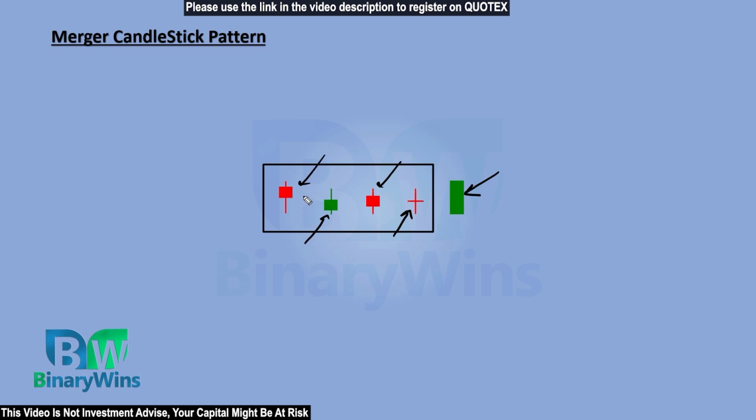But there is also an important point: our candle should have pressure and shadow on the side that we want. I will explain this reason to you. How is the merger candlestick pattern formed and how should we trade with it?